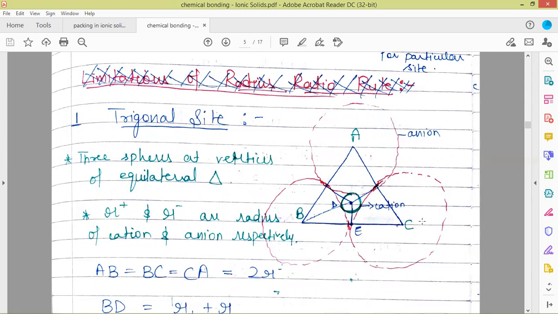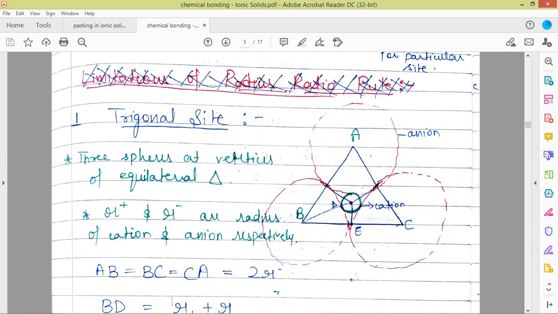In the trigonal site, anions are arranged like this, and the cation is present in the center, in the space in the triangular site created by these three spheres representing the anions. The centers of these three spheres lie at the corners of an equilateral triangle, and this sphere, which is the cation, is lying in the center, such that this point is point D and this midpoint is point E.